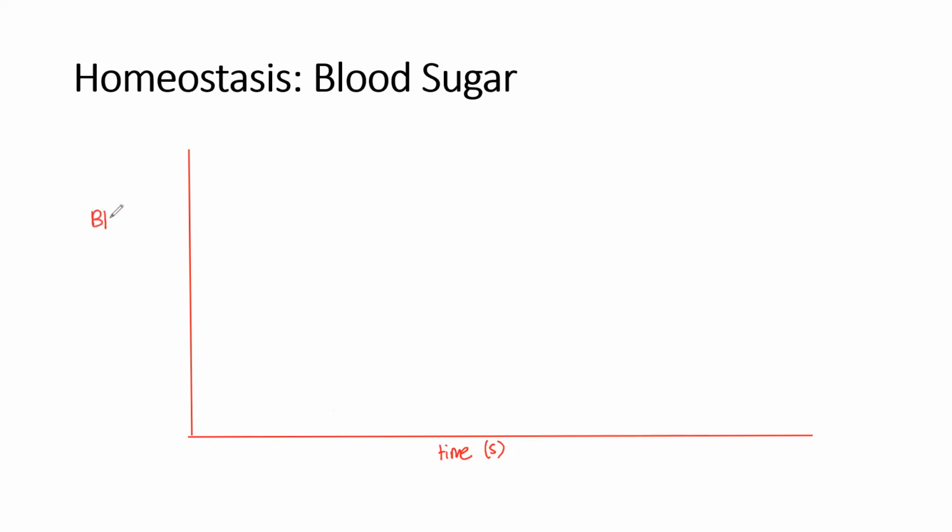And then we've got blood glucose. This is going to be in milligrams per deciliter. Now, as I mentioned before, we like to start at about 100. And in terms of normal physiology, healthy, 140 is kind of the upper limit here.